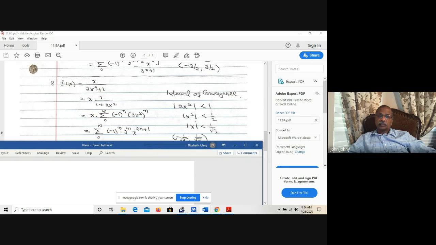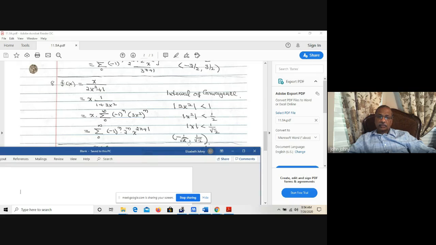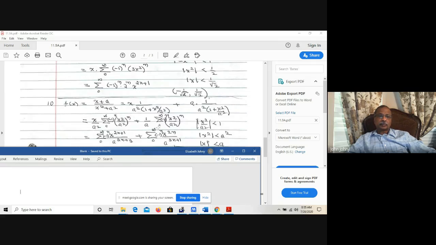That is x squared is less than 1/2. That is absolute value of x is less than 1 over square root of 2. Means the interval of convergence is from negative 1 over square root of 2 to positive 1 over square root of 2. You don't have to worry about rationalizing the denominator. Just leave it as the answer.